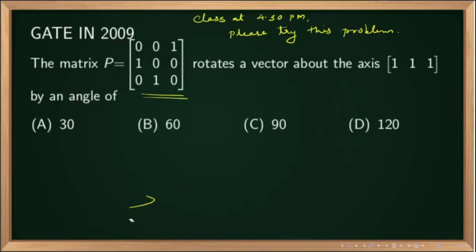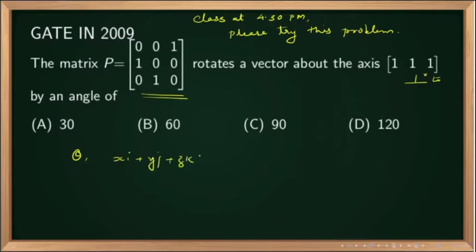So you can check for any vector. My idea is it will rotate any vector by an angle of theta, but the vector should be lying in the plane perpendicular to this vector. So I assume any vector lying in a plane perpendicular to this vector as xi vector plus yj vector plus zk vector.